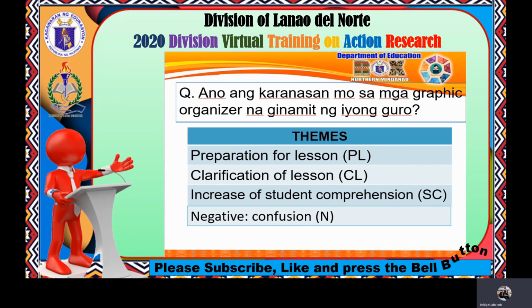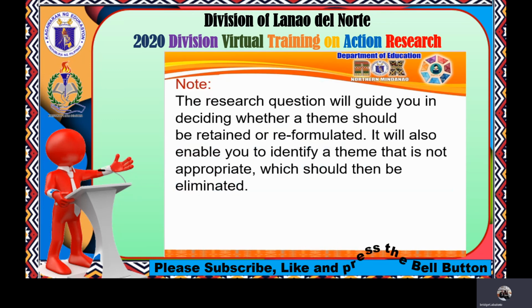Then there are also responses which are negative to the question. So I put that one as confusion, simply with the code N. The themes that I have given to you are only a guide for you to decide whether a theme should be written or reformulated. It will also enable you to identify a theme that is not appropriate, which should then be eliminated.